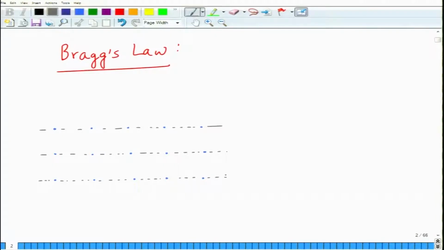So these are the atoms. And hence this is the HKL set of planes, and the interplanar spacing between these is d. d is the interplanar spacing.